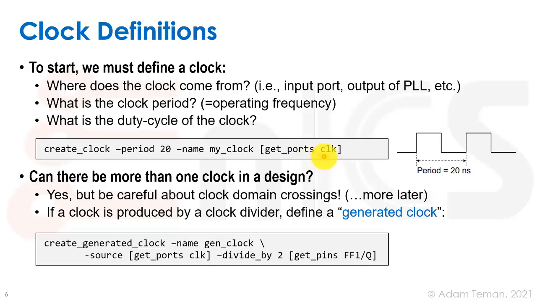That's a typical case for either a full chip design or a macro that gets a clock that was generated somewhere else, or the output pin of a cell that creates the clock, if it's from something like a clock divider or a PLL, or just a clock mux that maybe multiplexes between several clocks. So that is the create_clock command.